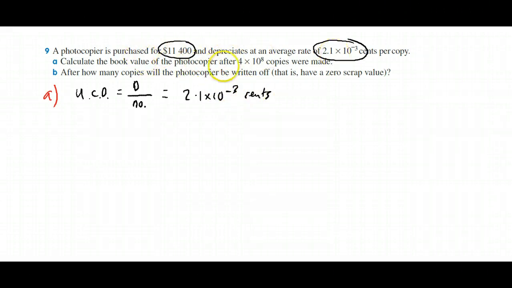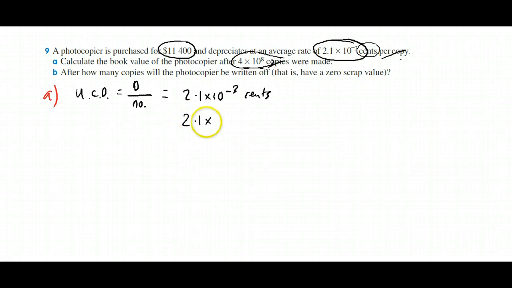And in part A we need to work out the book value of the photocopier after this many copies are made. So if we multiply this number of copies made by this amount of depreciation per copy, the copies will cancel out, and we'll just be left with an amount of money, which is what we want.